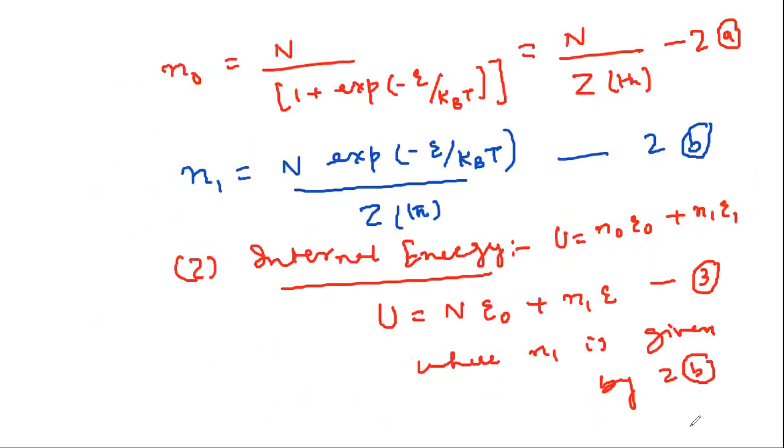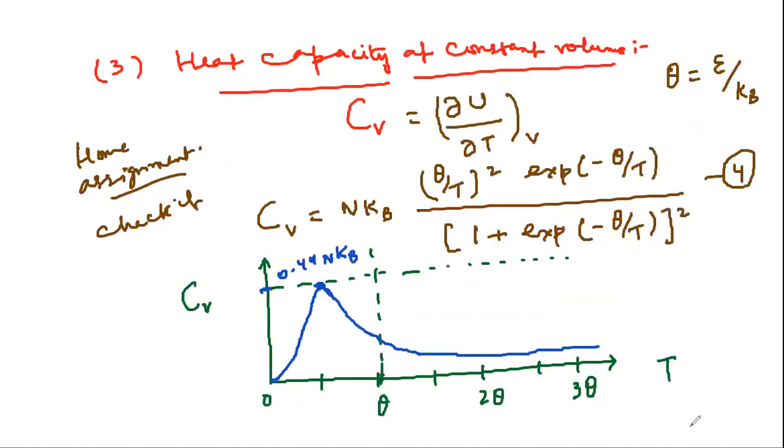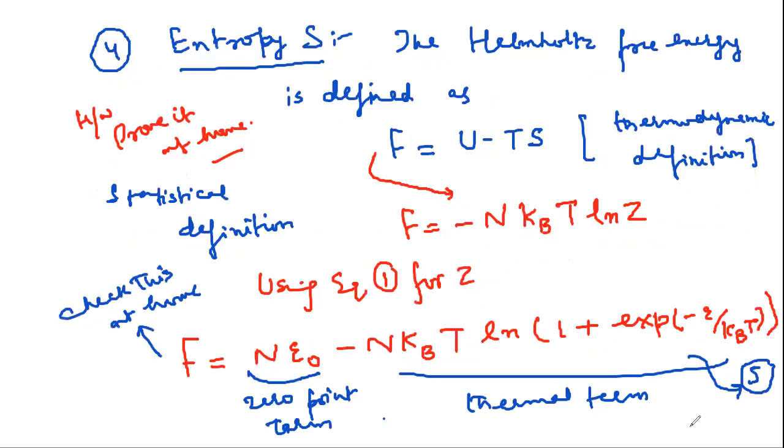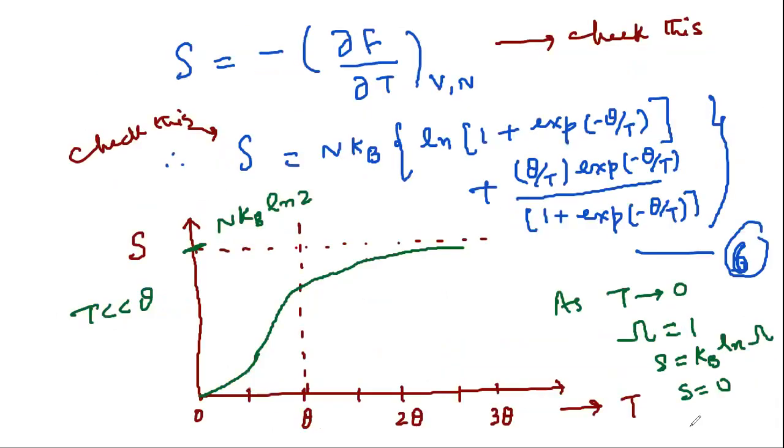So the first assignment I gave you here is to check this expression for CV. Then another, prove that F is equal to minus n kB T ln Z. Then check how F is obtained using equation 1 for Z. So you have to check equation 5, how we obtain it.